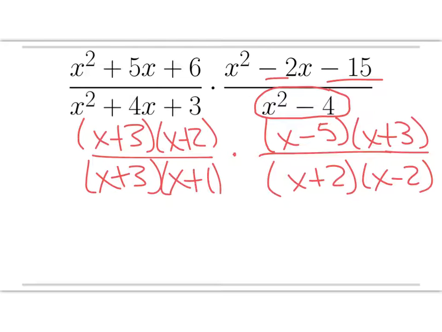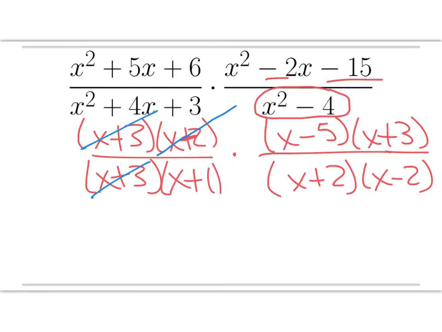Now, things we know. We already knew that we were going to get rid of the x plus 3 top and bottom. But there's one more thing we can do here. It's okay that the x plus 2 in the numerator is from one fraction and the x plus 2 in the denominator is from another fraction. That's okay, because at the end of the day, when we multiply, we've made it one big happy fraction.